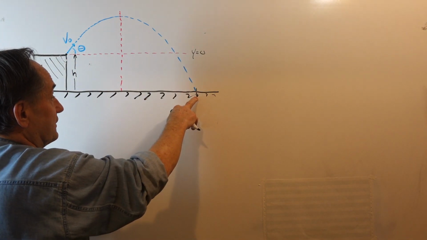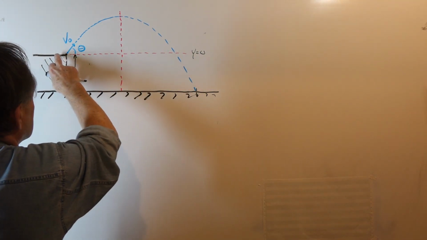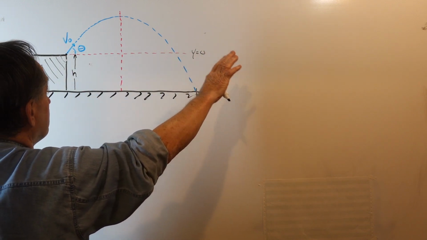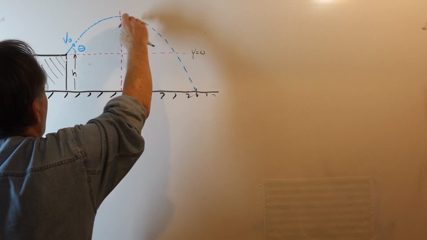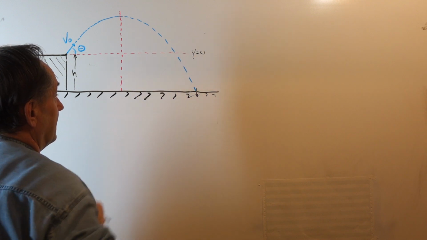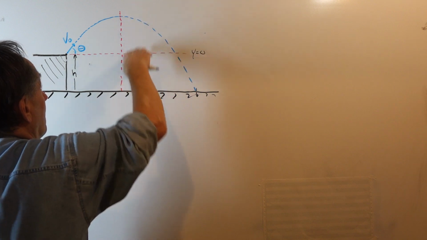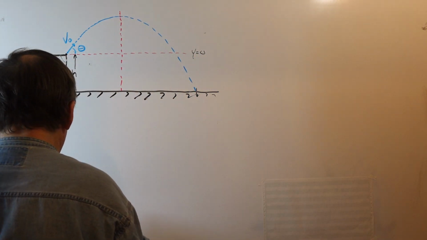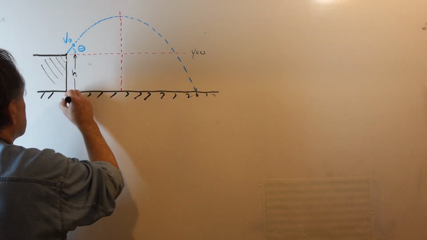We could set y equals 0 at the ground or any arbitrary position, but I'm choosing it here so that when we solve the equations, if y is a positive number, we're above the height of the building, and if y is negative, we're below it. If we chose the ground as our reference, all the y values would be positive, but again, that's arbitrary. Our x equals 0 position will be here.